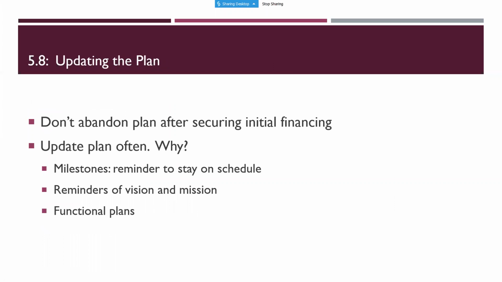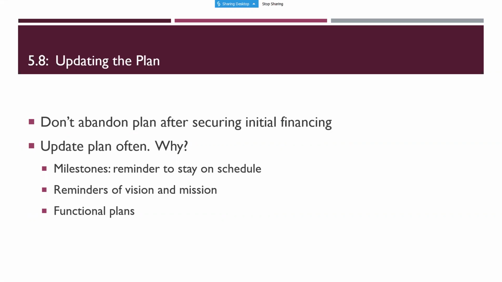So you want to update your plan often. After you've gotten your financing, that's not the end of it. You don't say, okay, I can just throw this in a corner with my old bank statements and never have to touch it again. No. You want to update it at least once a year. The reason being, keep in mind those milestones that you may have laid out in the plan.